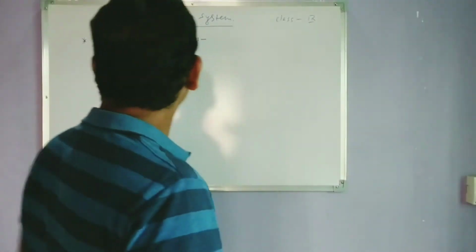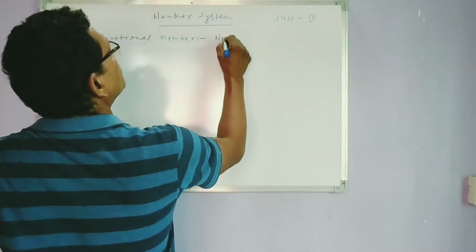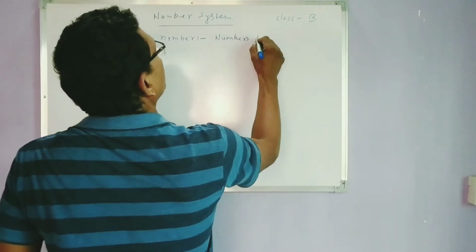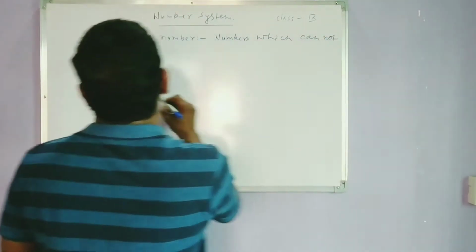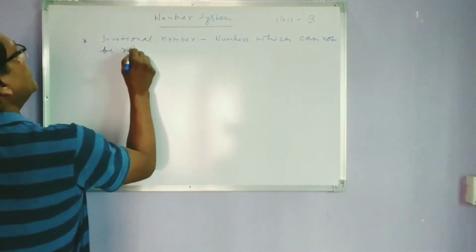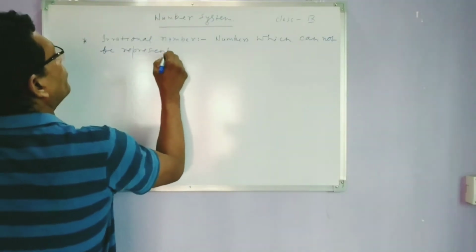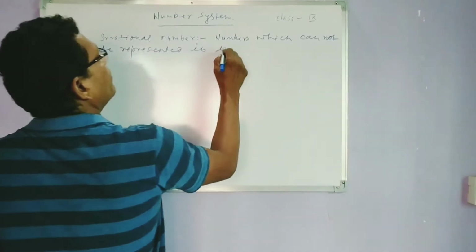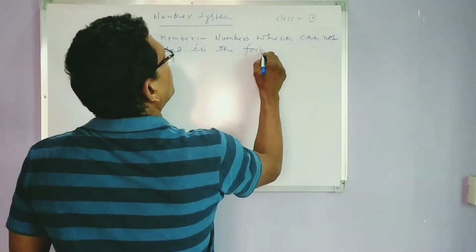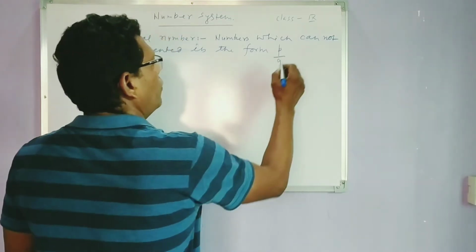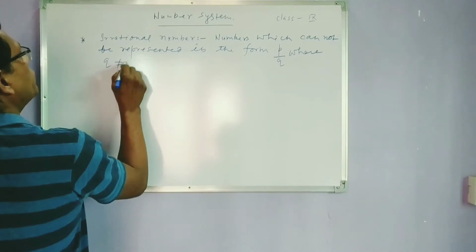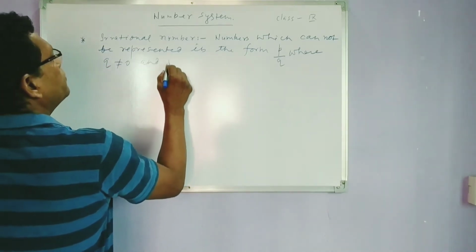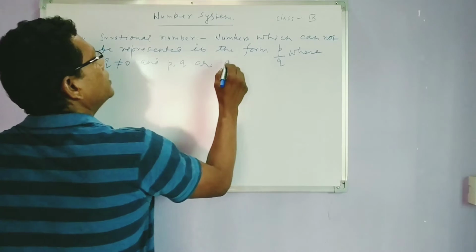So I am going to discuss first irrational numbers. Numbers which cannot be represented in the form p upon q, where q is not equal to 0 and p and q are integers.